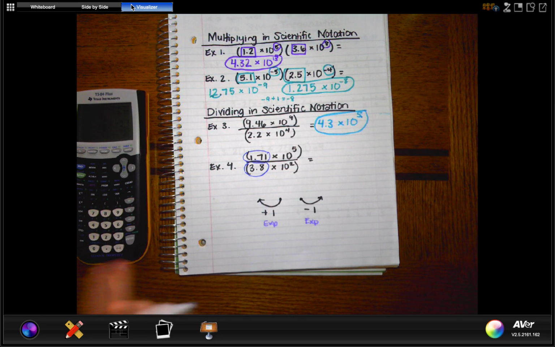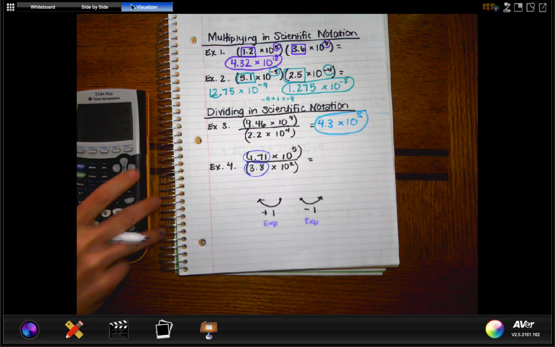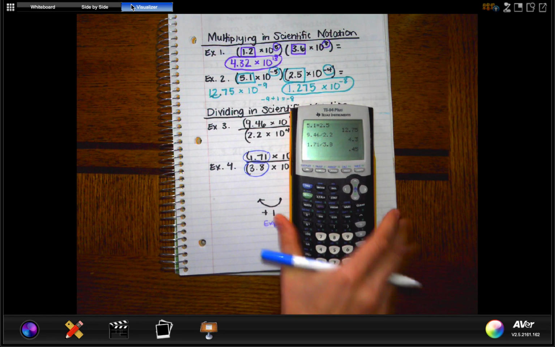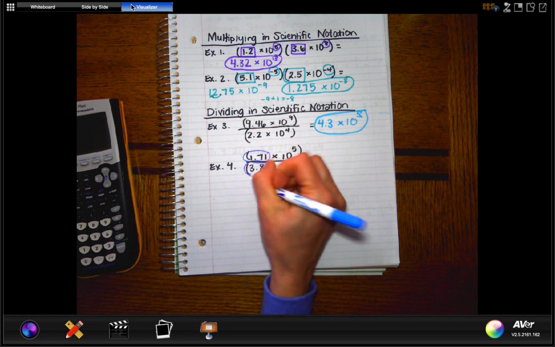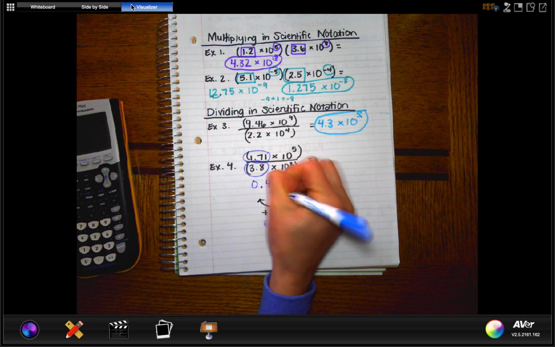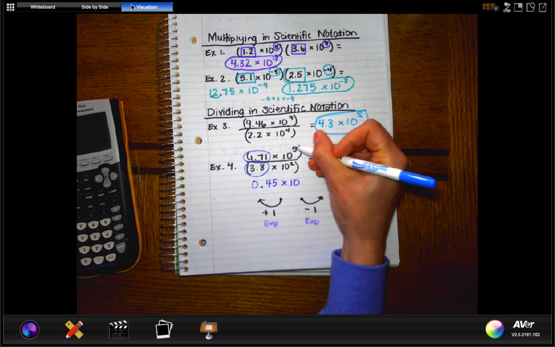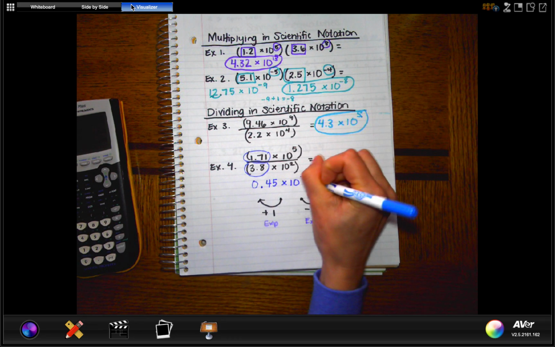And we get 0.45. This is what it looks like on my calculator, depending on what you've got. So I'm going to start with putting a 0 in here, 0.45, times 10. And again, we're in a fraction, so we're going to subtract those exponents. 5 minus 2 is going to give me 3.